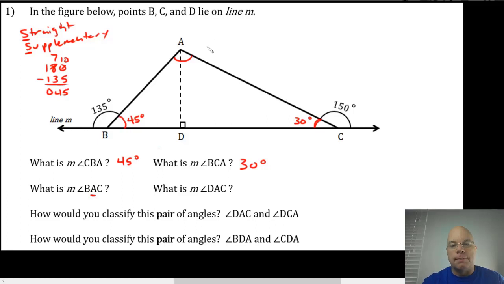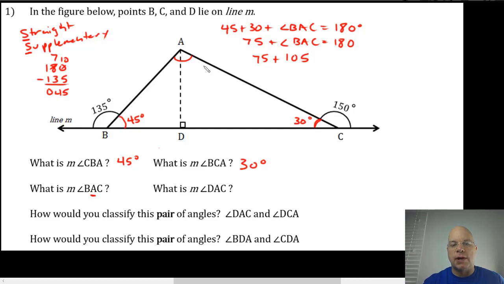So 45 plus 30 plus angle BAC have to add up to a sum of 180 degrees. And 45 and 30 is 75. So 75 plus what equals 180? You could do 180 minus 75, or you might just be able to see that this has to be 105. I'd have to add 105 to 75 to get 180.